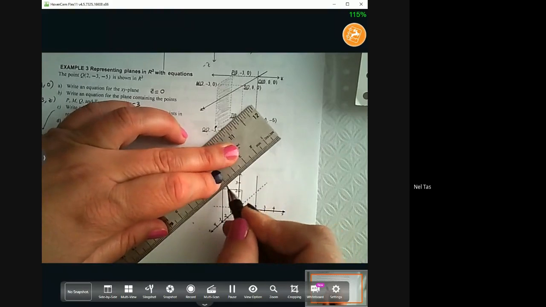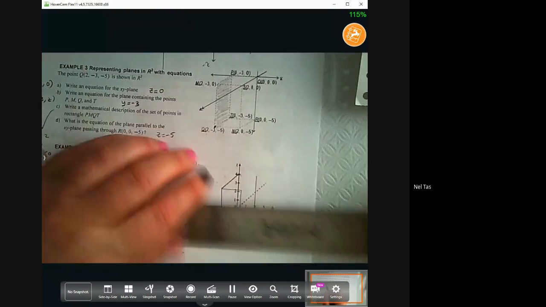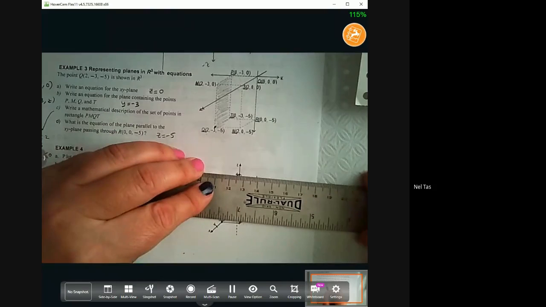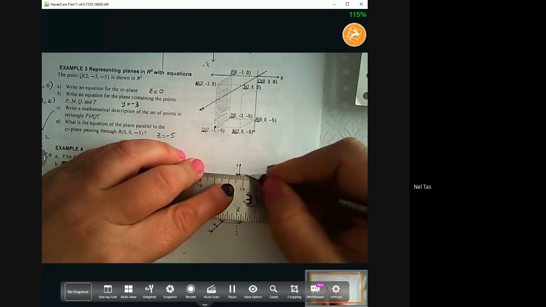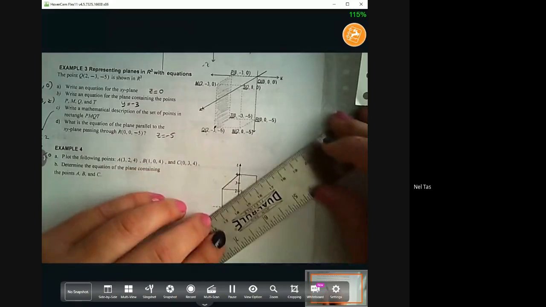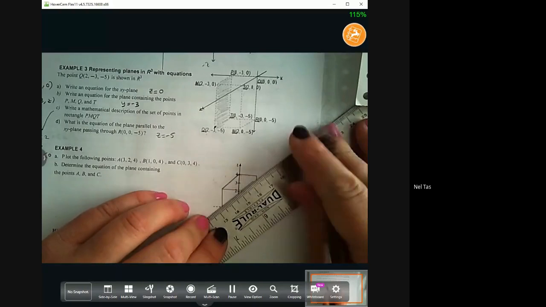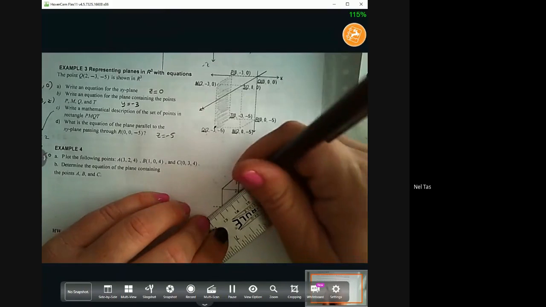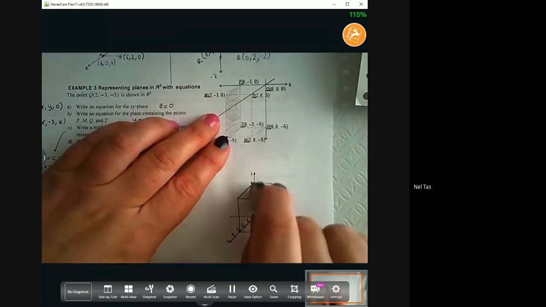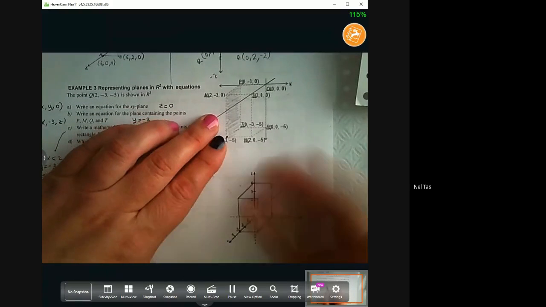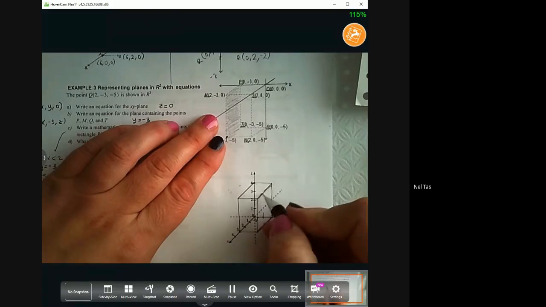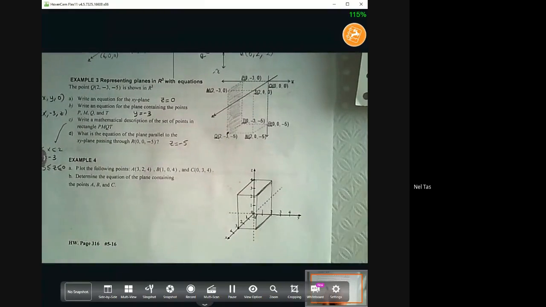You will see it as a parallelogram, but it is another rectangle, as a matter of fact. I didn't do a good job here. Let me fix it. Okay, so that's the box.